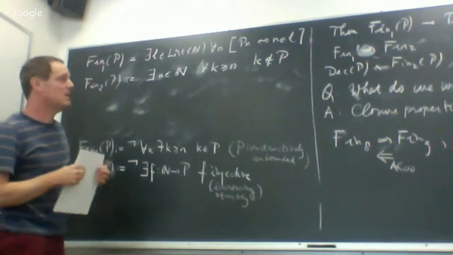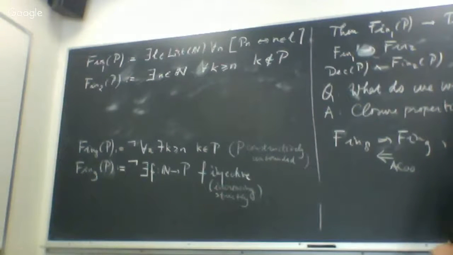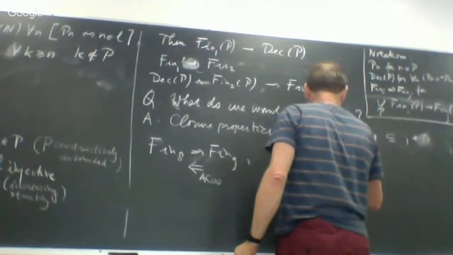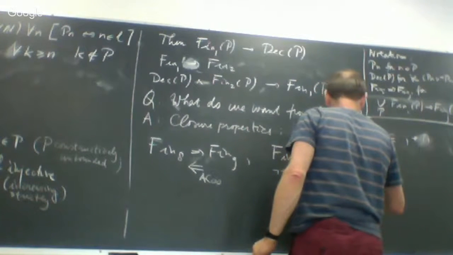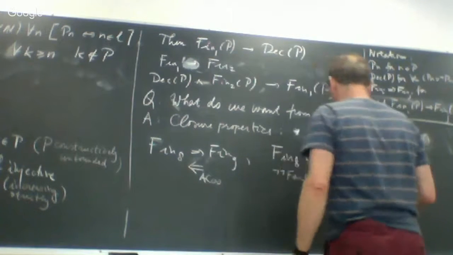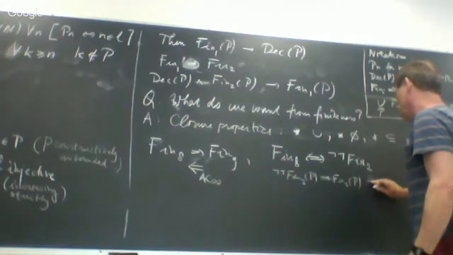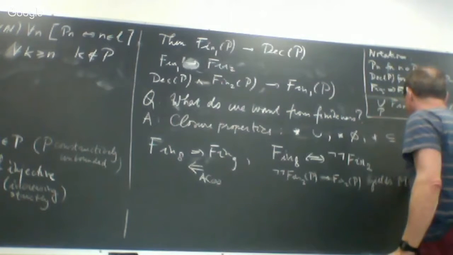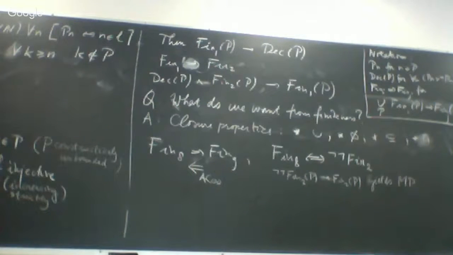So we could say not-not Fin 2 of P implies Fin 2 of P yields Markov's principle, and Markov's principle is known not to be constructively valid.